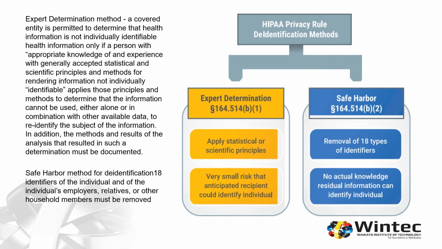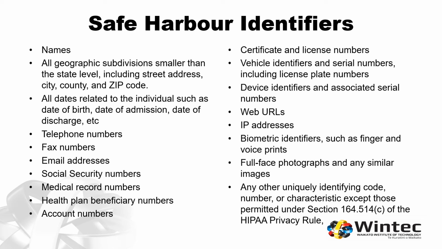The safe harbor method for de-identification identifies 18 identifiers of the individual and of the individual's employers, relatives, or other household members which must be removed. Under the safe harbor identifiers, the 18 specific identifiers are mentioned here.